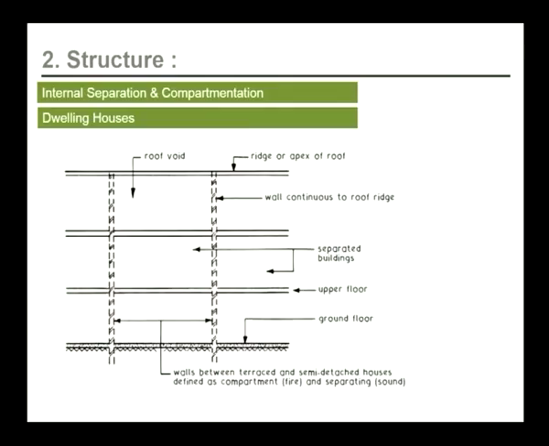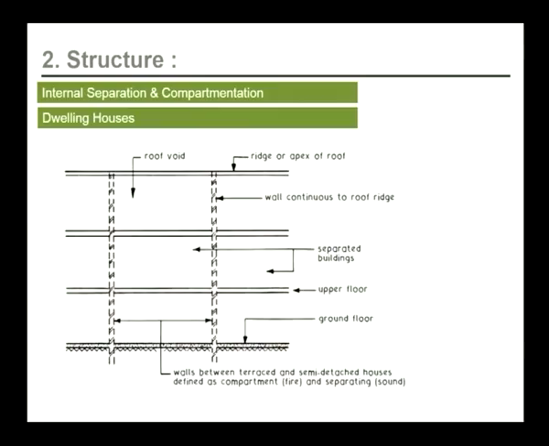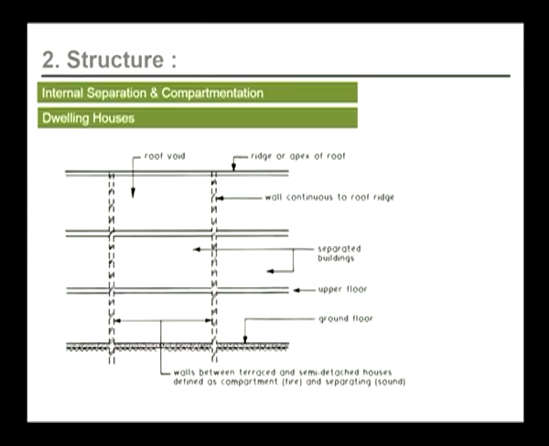Here we see two other classifications: the internal separation and compartmentation. The internal separation and compartmentation is an important part of a structure. Here we would like to explain this through two examples. One will be dwelling houses and the other one will be flats. Now, what is compartmentation? Compartmentation is nothing but a segregation of space in the built environment.